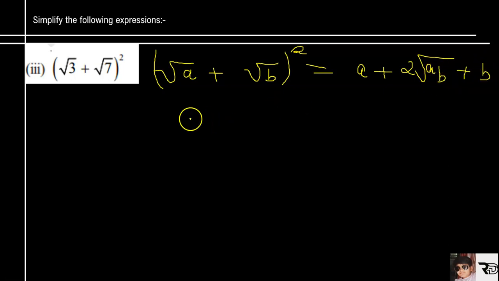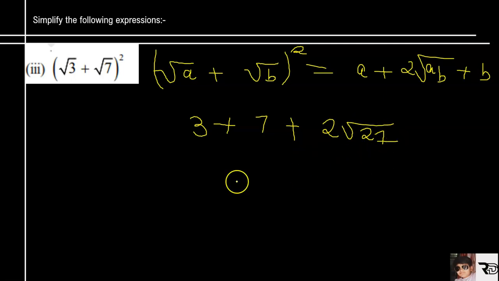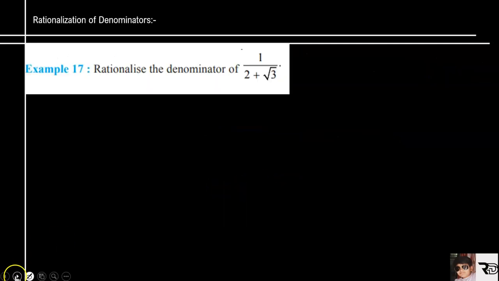So a would be 3, b would be 7, and 2 root ab will be 2 root of a into b, which is 3 into 7, which is 21. So this becomes 10 plus 2 root 21. So with this, we are finished with the chapter.